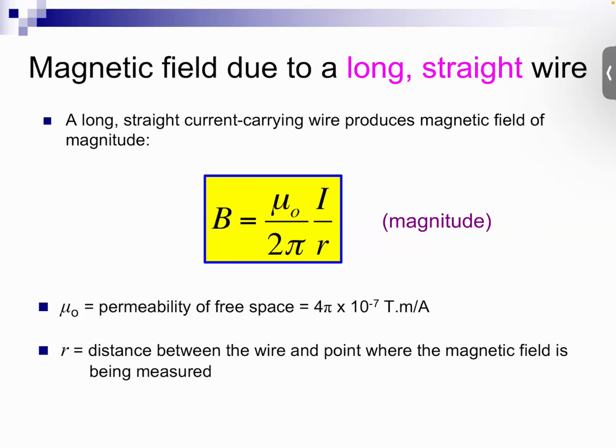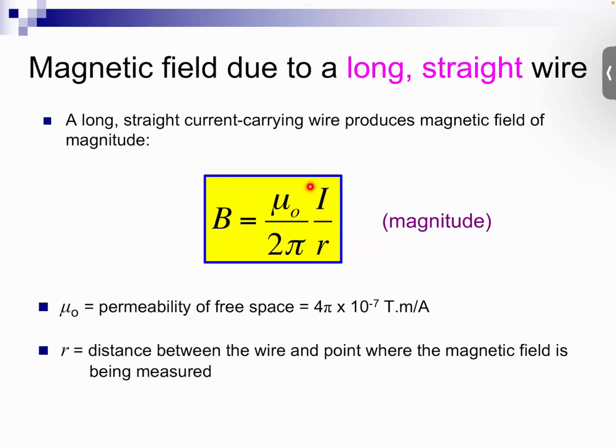Good. So in general, we have derived that if you have a long straight wire and it carries some current I, the magnetic field generated by that wire is given by this equation here. So if you have a long straight wire, you can just go straight ahead and use this equation to determine the magnetic field created by that current.